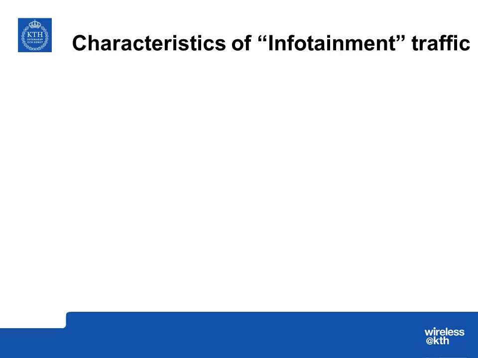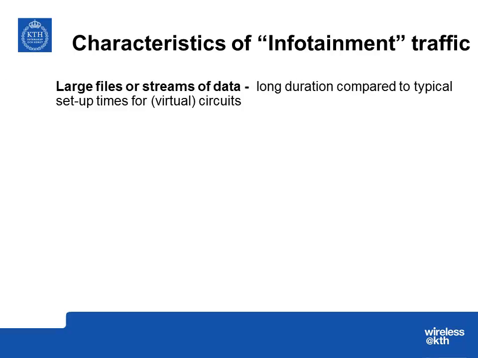Summarizing some of the characteristics of the various types of applications. If you start with the infotainment traffic, it's about transferring large files or streams of data. They have long duration compared to the typical setup times for virtual circuits. Delay requirements may not be that critical.